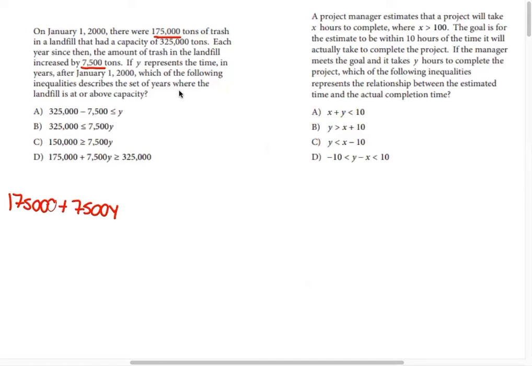You thought it had to be under. Yeah. So at or above. So this expression, which represents how much the landfill would be at, over the capacity, will be answer choice D.